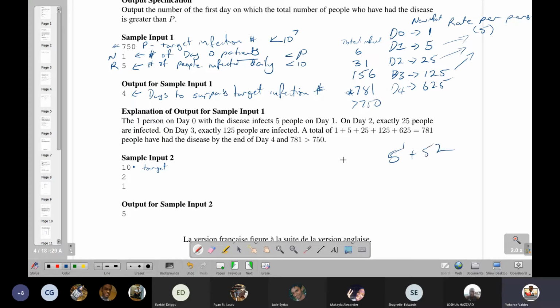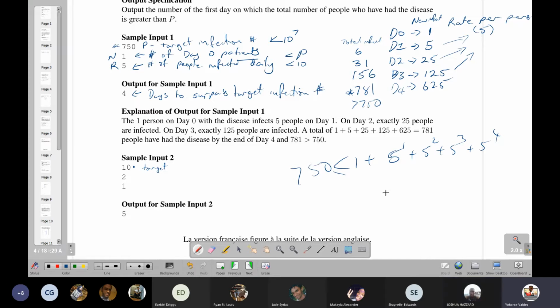So the original value, which was 1, plus 5 to the power of 1 plus 5 to the power of 2, plus 5 to the power of 3 plus 5 to the power of 4. And that will allow you to surpass that 750, right?